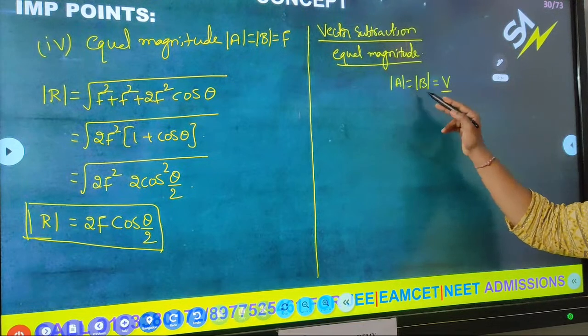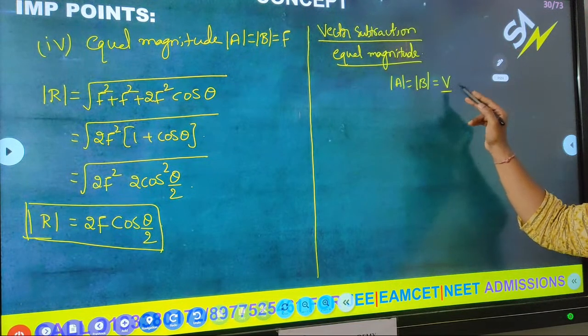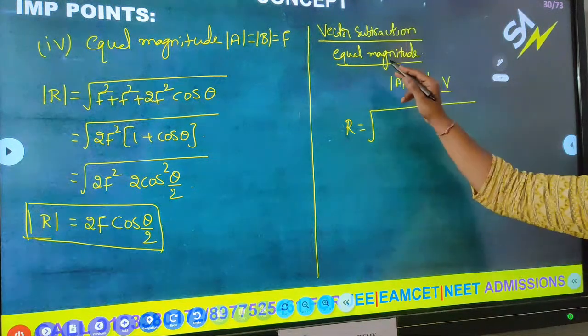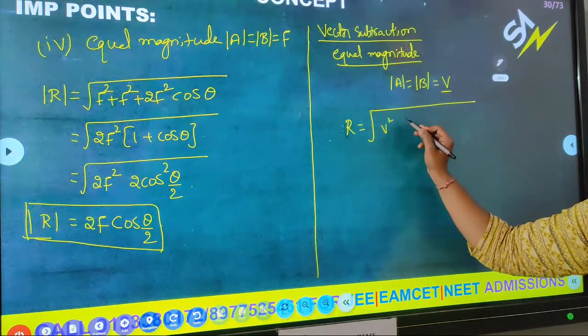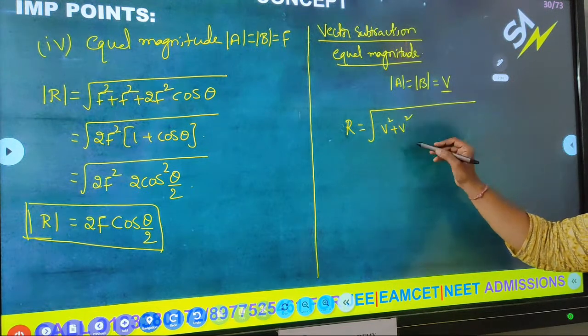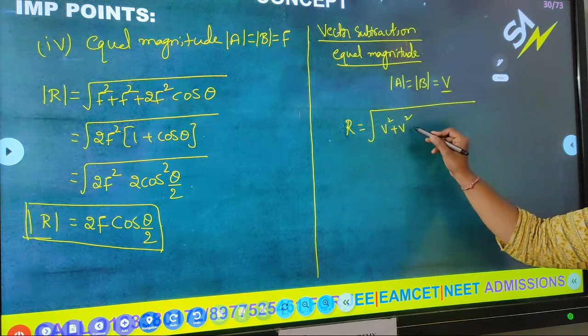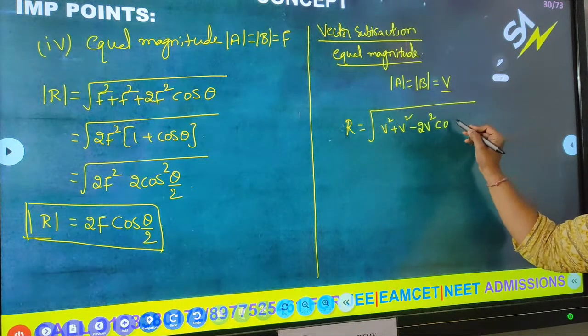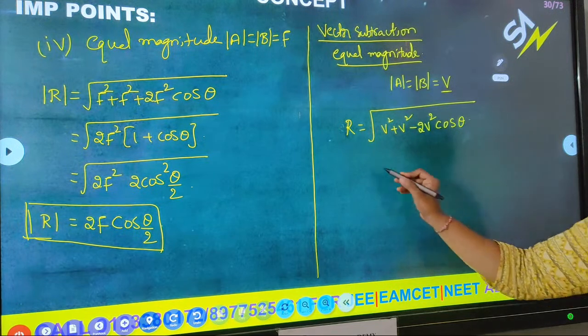So having equal magnitudes, we are substituting V. Then the resultant of these equal magnitudes of vectors, following the resultant of vector subtraction, will be V square plus V square minus 2V square cos theta.